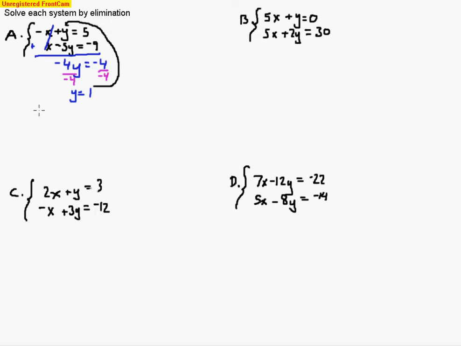It doesn't really matter. I'm going to pick this one right here. So I've got a negative x plus y, but in place of y, I'm putting 1, and this all equals 5. Well, from that point, we have to just subtract 1 from both sides, and then we have to get rid of that negative sign out in front of x. So now I have negative x equals 4.